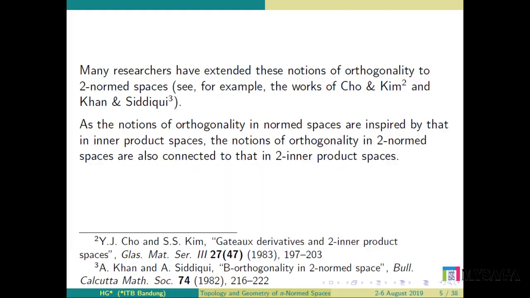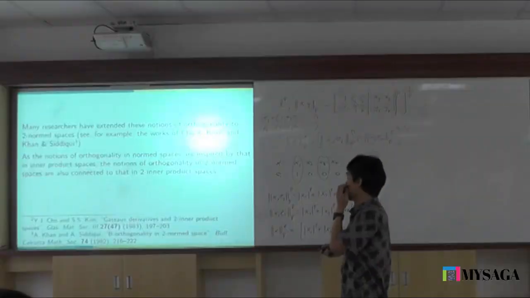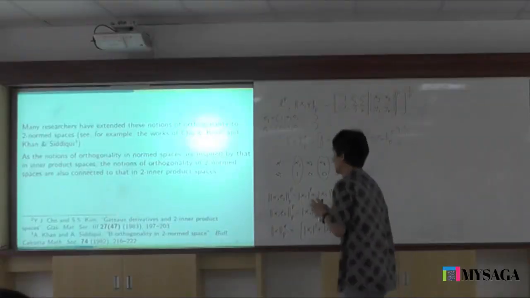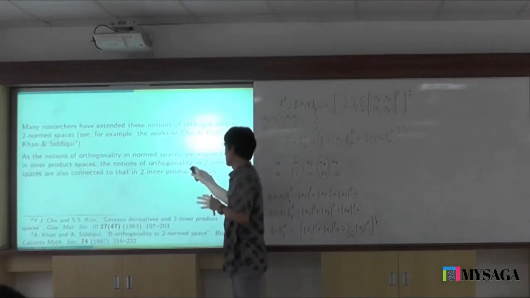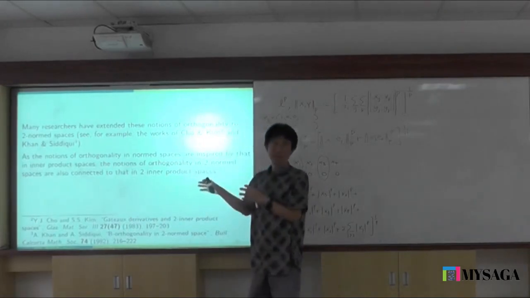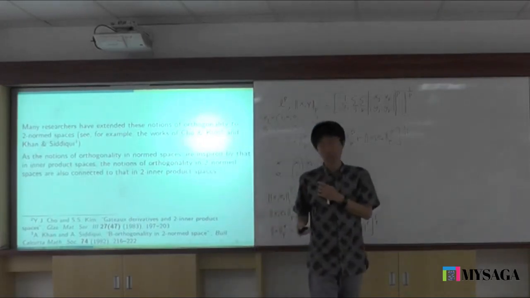As the notions of orthogonality in norm spaces are inspired by the notion of orthogonality in inner product spaces, the notions of orthogonality in norm spaces are also connected to inner product spaces. So I will focus more on the notion of orthogonality in two inner product spaces, and then later on in n inner product spaces. Okay.